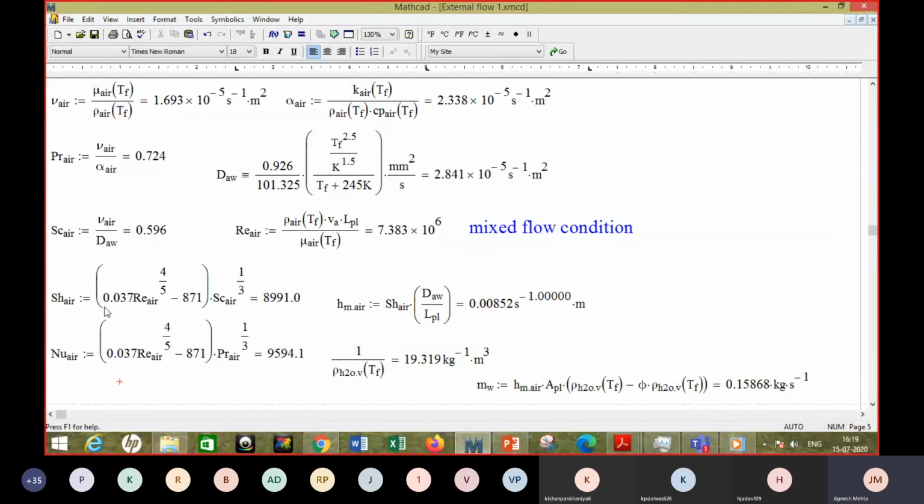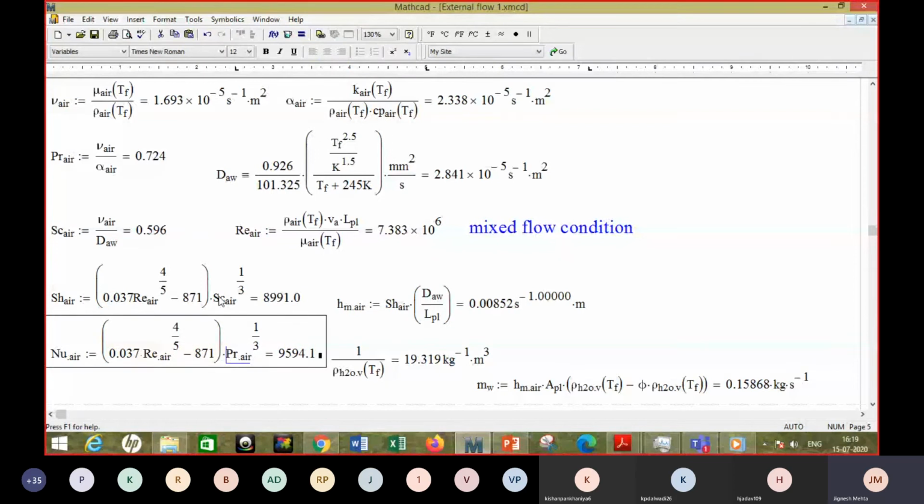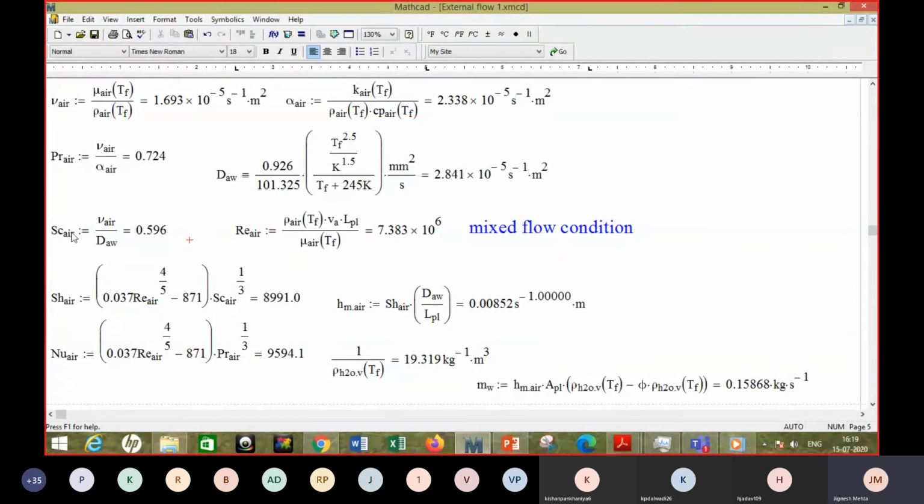So that's 0.037 Reynolds number raised to 4 by 5. Reynolds number remains the same. This 871 is also the same, but in place of Prandtl number you put Schmidt number. And what is Schmidt number? Schmidt number is nu upon D, the binary diffusion coefficient. This nu is common, but in place of alpha, the thermal diffusivity, you put the binary diffusion coefficient. So you get this 0.596.